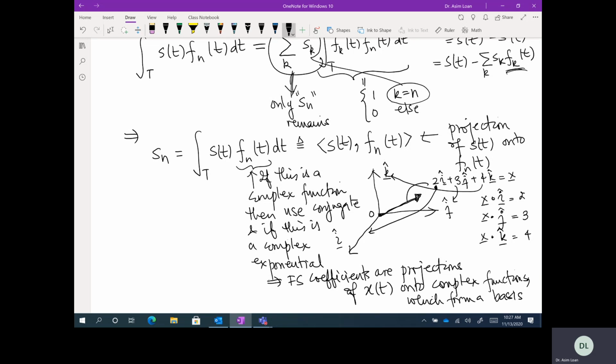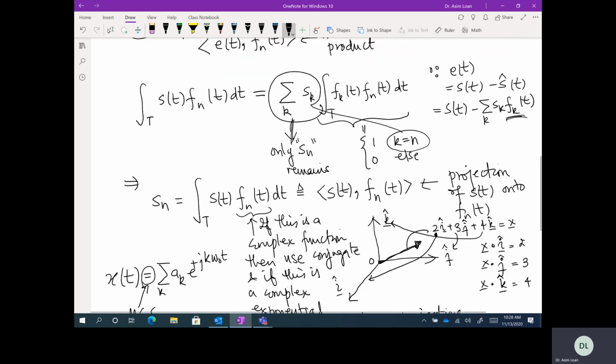Now we want to see, if you recall, I said in the first lecture, when you write x of t equals sum of a k e to the plus j k omega naught t, I told you this is actually in the mean square sense. So let me see, what does this mean square sense mean?